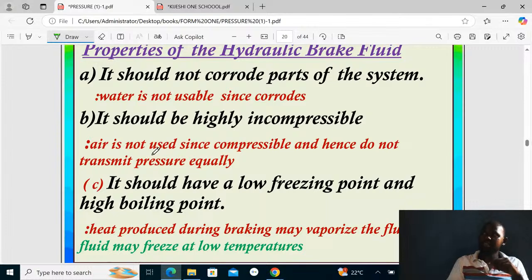If you're having a bubble in a brake fluid, what could be the effect? Explain how this one can cause an accident.